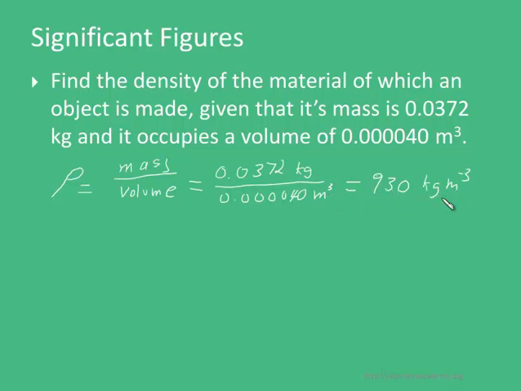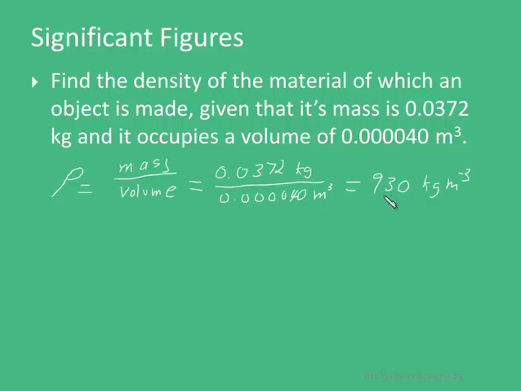So how do we report our result? Well, if you look at the numbers we used, this number has how many significant figures? It has 3 significant figures. Whenever in doubt, express the number in scientific notation. So this could be written as 3.72 times 10 to the minus 2. So this is 3 significant figures, and this is 2 significant figures. So the answer should be expressed with 2 significant figures.